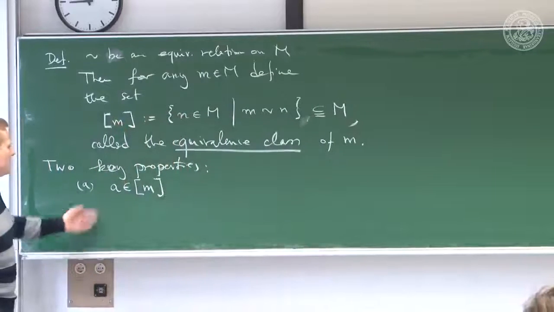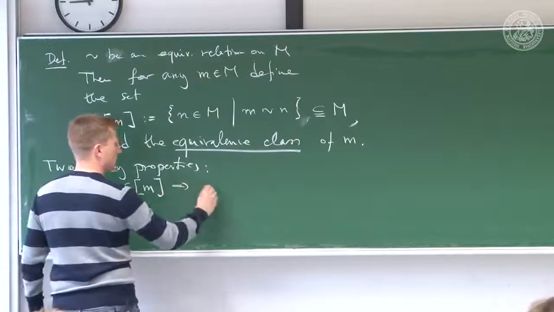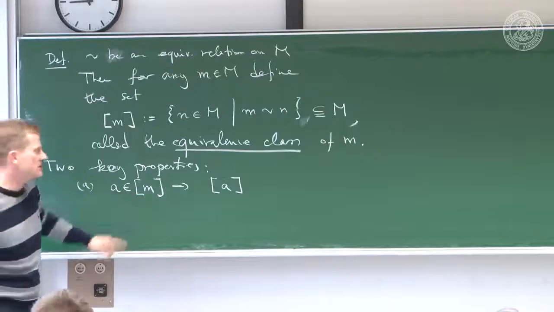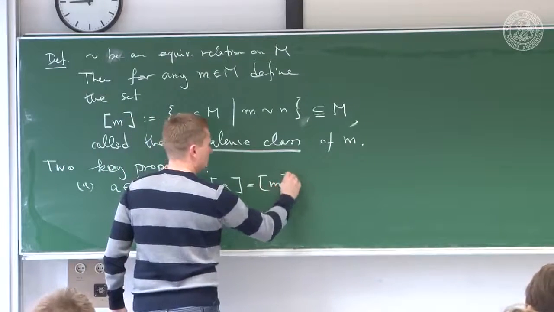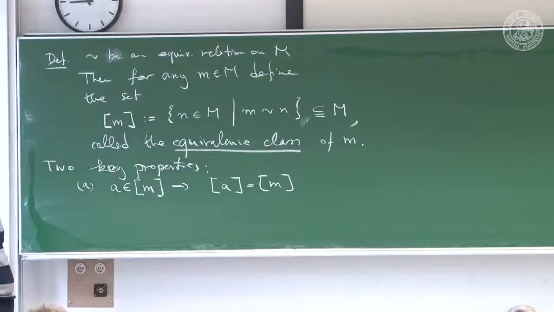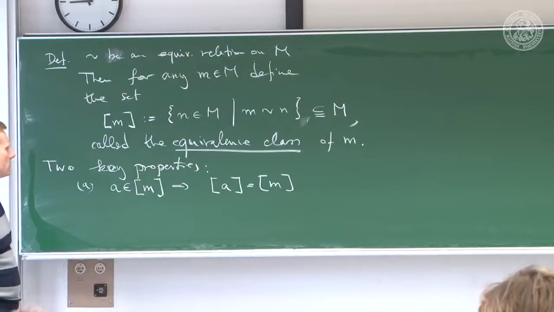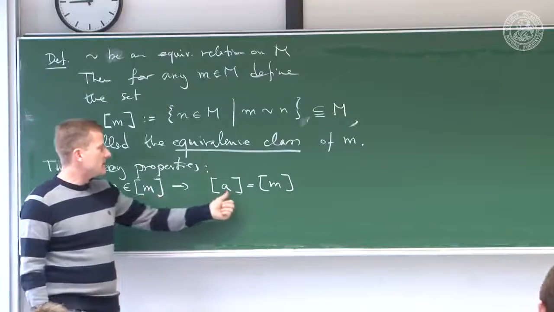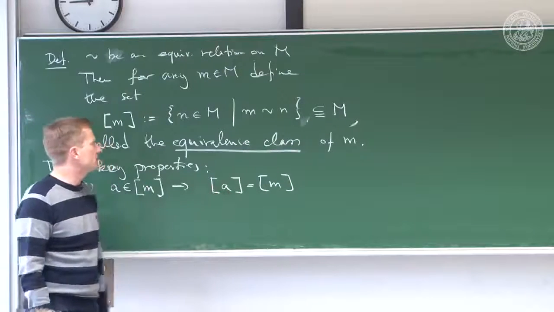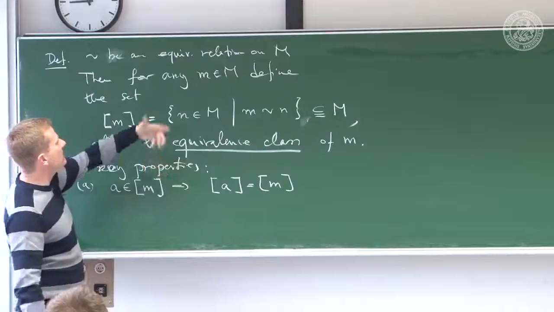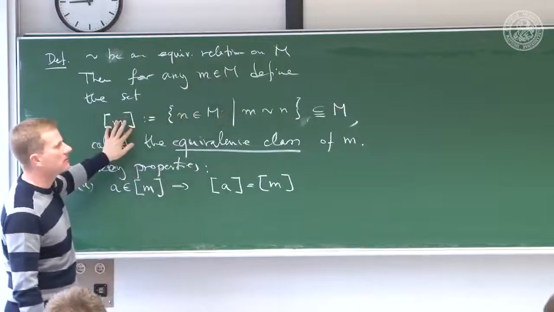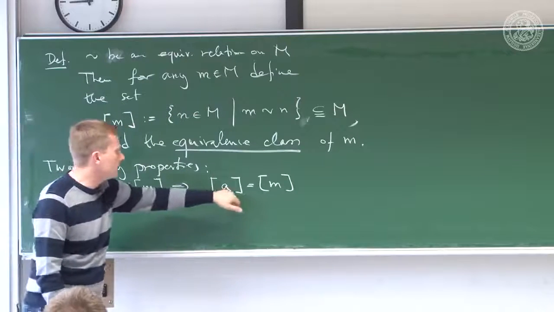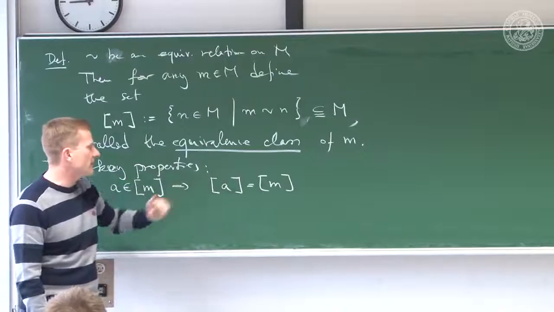So if you take any element from this subset, then it already follows that the equivalence class of the element you took from the subset is the same equivalence class. Or in other words, one says that any element of the equivalence class can act as a representative of the equivalence class. So that's taking it the other way around. If you start with an element, you build this set. But if you already have this set, you can take an element out of it and generate the set in the same way from that element.